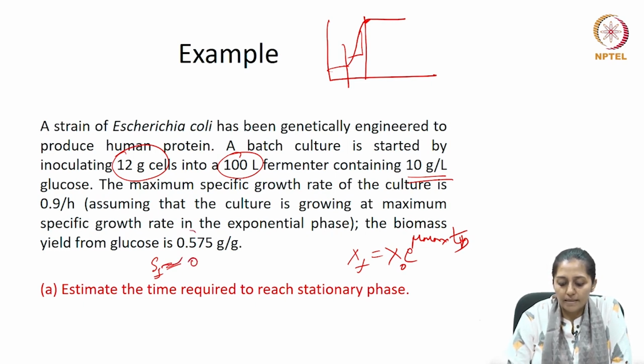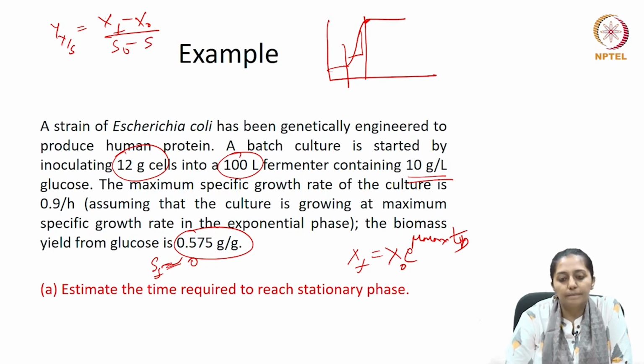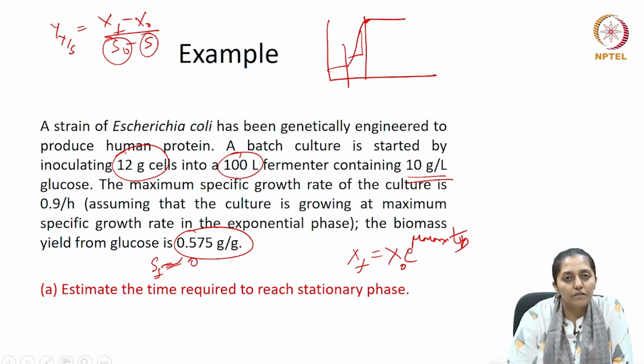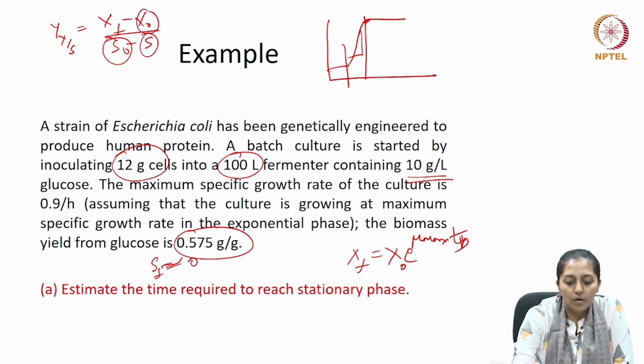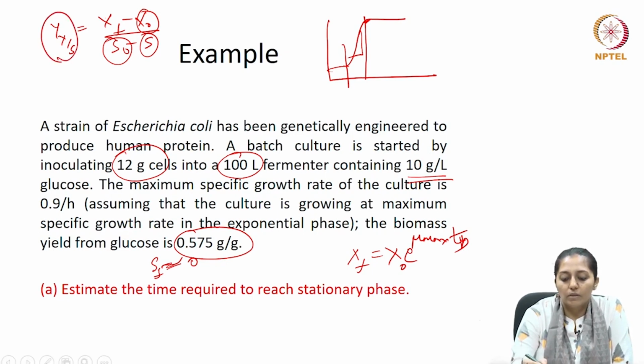Now, Yx by S is given to us. How does it relate x and s? Yx by S is xf minus x naught divided by s naught minus s. S naught is given to us, s is nearly 0, x naught is given to us, xf we need to calculate, Yx by S is also given to us.